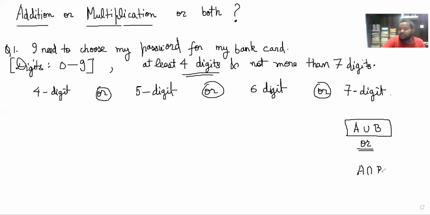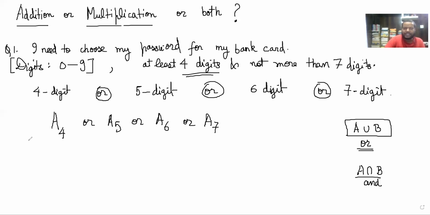A intersection B would have been an and statement. An element in A intersection B has to be in A and has to be in B. So here it is an or statement. You can construct your password in 4 different ways. So let's say A4 is the set where you have a 4-digit password, or A5, or A6, or A7.